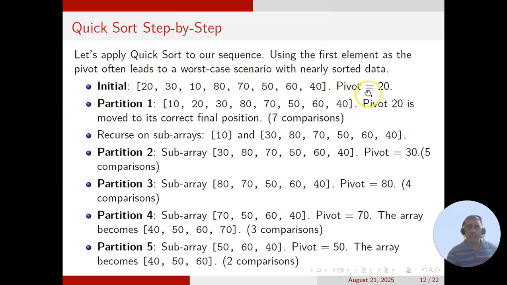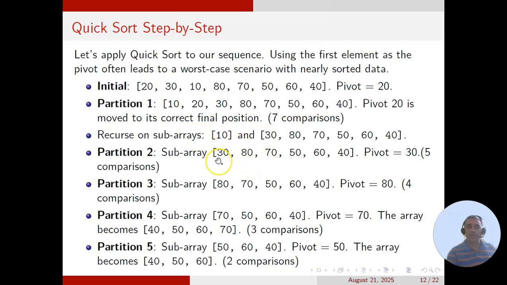If you consider the pivot as 20, the partition requires 7 comparisons and it moves into the correct position. The only element less than it is 10, and all elements greater will be on the other side, that is 30, 80, 70, 50, 60, 40, and then we have to partition these 2 arrays.